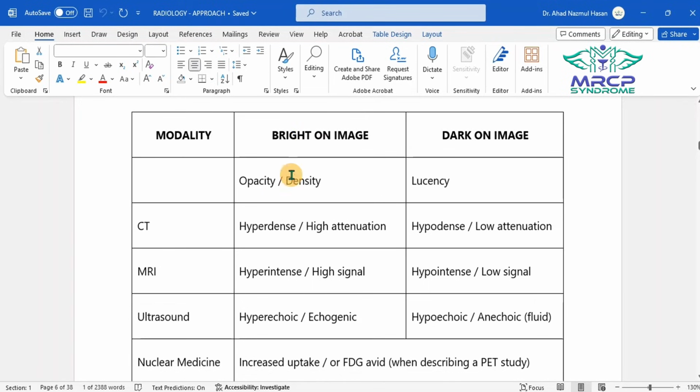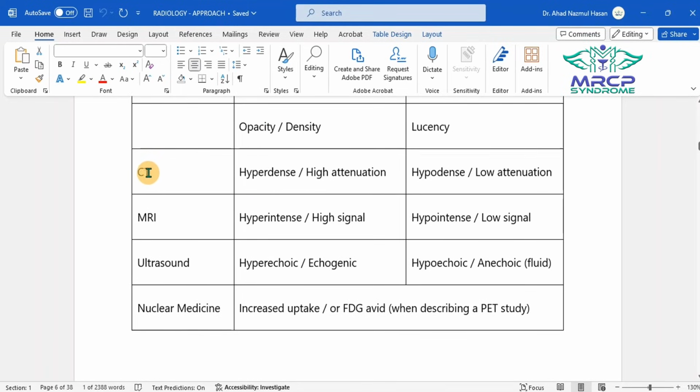The bright is also known as opacity or density or hyperintensity, and dark means lucency. Radiopaque means bright or whitish, and radiolucent means black or dark. In case of CT scan, we use density. So hyperdense, white or bright, also known as high attenuation, and hypodense, dark or black, also known as low attenuation.